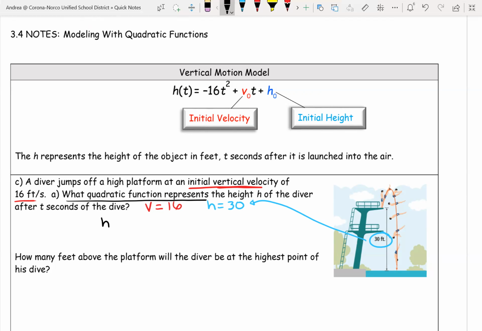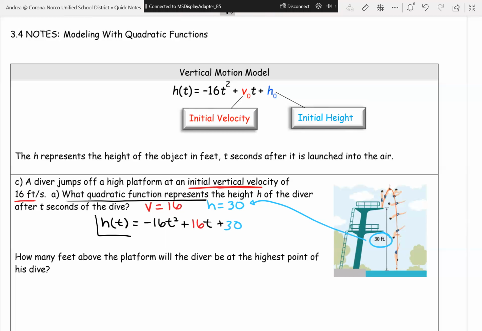So I have h of t equals negative 16t squared plus the initial velocity of 16 times t plus the initial height of 30. Okay, that's all it's asking me, that first step is to write the equation.